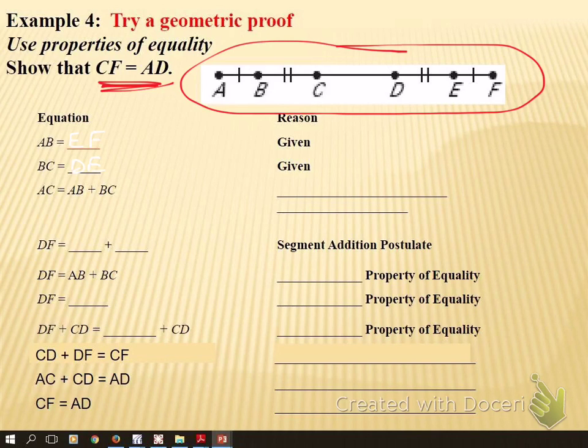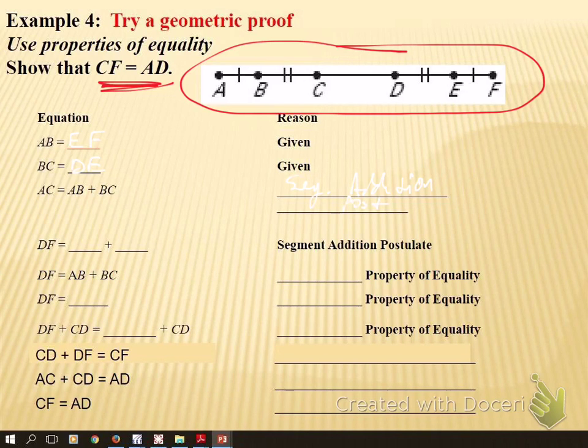This says that AC, which is right here, is equal to AB plus BC. How do we know that that's true? Well, the segment addition postulate says that that's true. So that's what we're going to use to say that. It's the segment addition postulate.